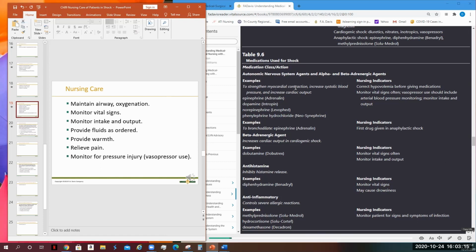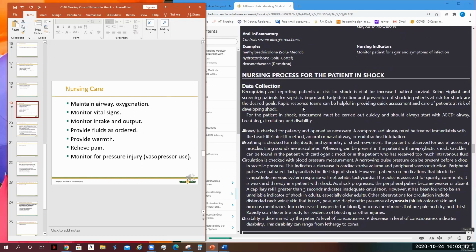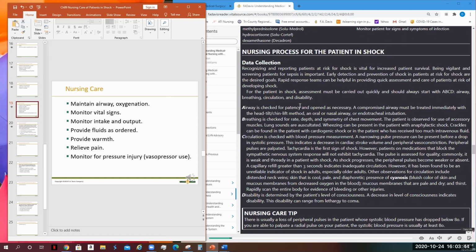Anti-inflammatories will be given to help control severe allergic reactions, and that would include the methylprednisolone, which is also called Solu-Medrol, or hydrocortisone called Solu-Cortef, or dexamethasone called Decadron. So you'll just need to be sure to monitor the patient for signs and symptoms of infection.